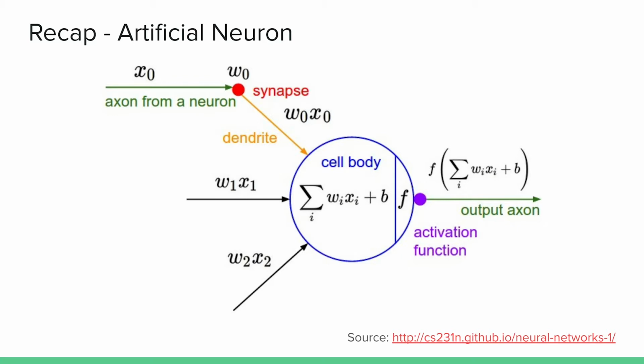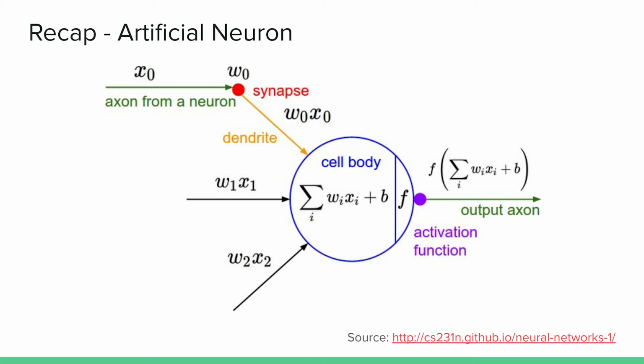We tried to replicate this idea with an artificial neuron, which takes some inputs as real valued numbers, multiplies each of them with a certain weight, computes the sum, computes an activation function, and then outputs this to the next neuron.